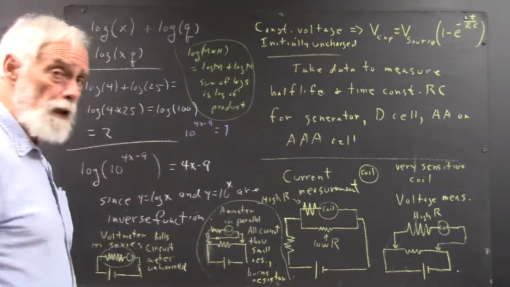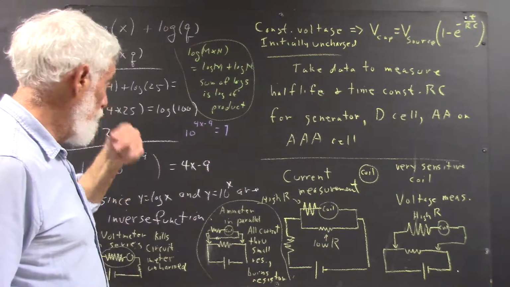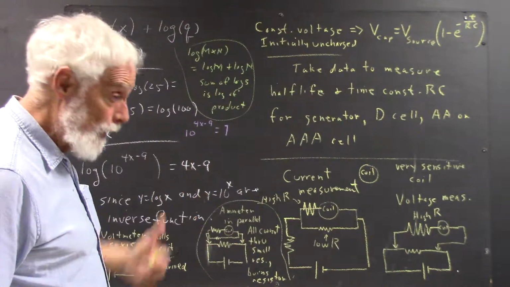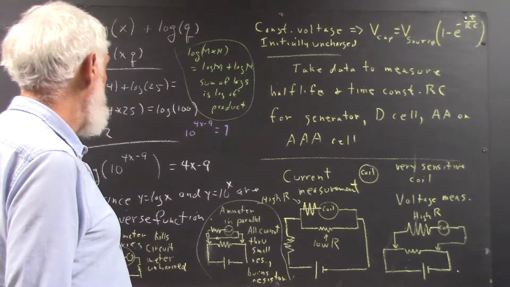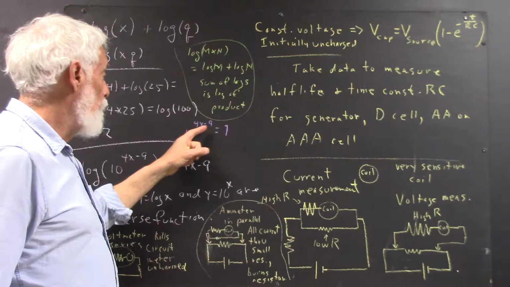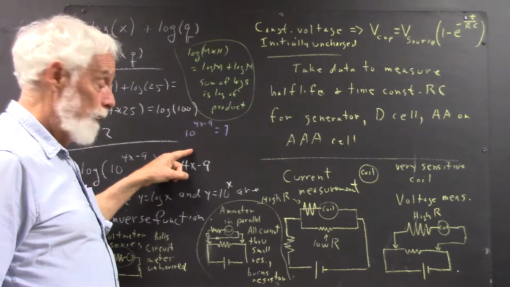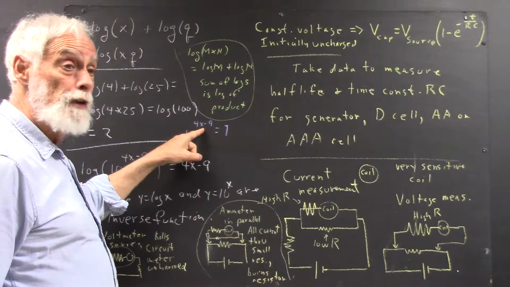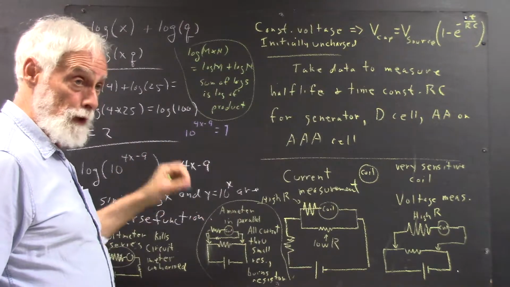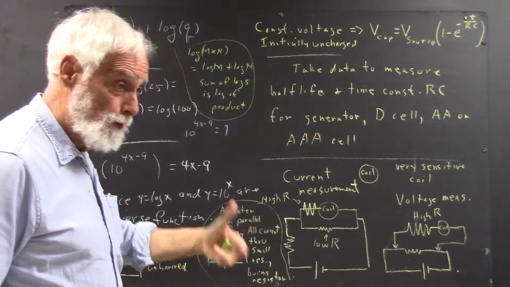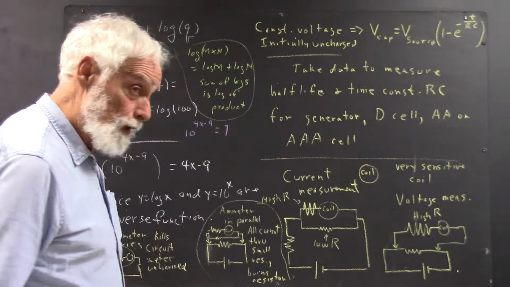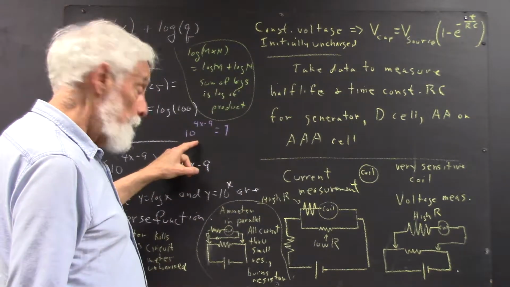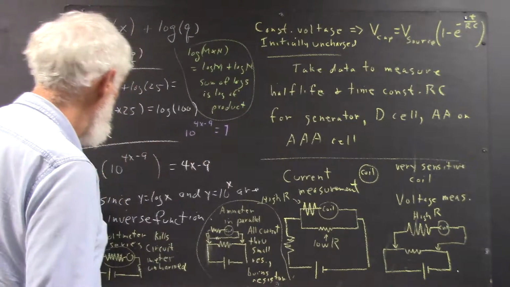Well, you might try all kinds of things, and you're probably going to be tempted to try a lot of things that aren't valid. We can't multiply 10 to the 4x minus 9 by anything, or divide it by anything to isolate the x. There's nothing we can do as far as multiplying, dividing, adding, subtracting quantities to both sides. The only thing we can do to both sides is we can take the log of both sides.